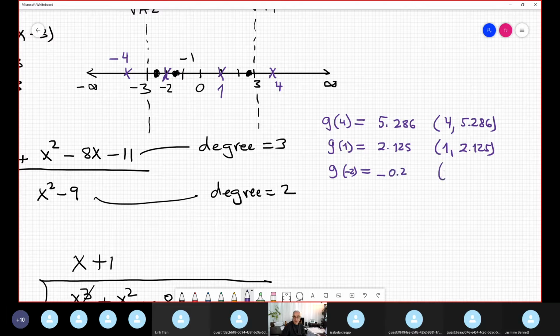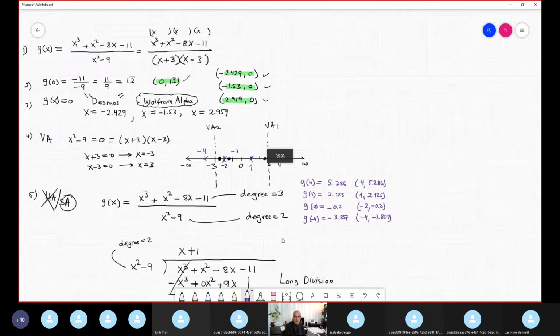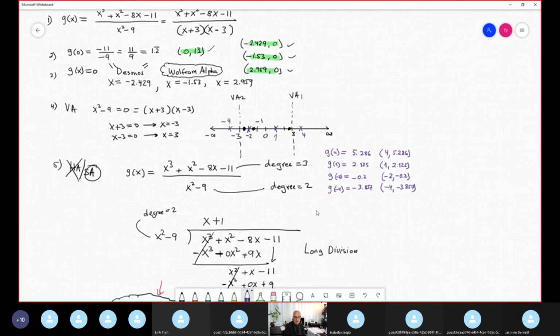Oh, easy. Negative 2, negative 0.2. And finally, in negative 4 is negative 3.857. The point is negative 4, negative 3.857. Wow. So we have enough information to put every information in our Desmos, right?